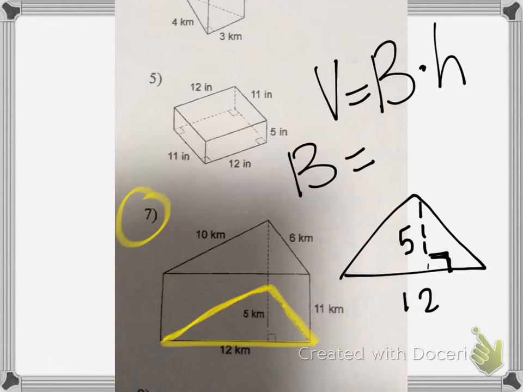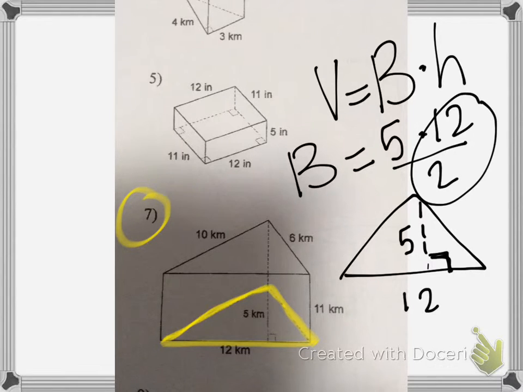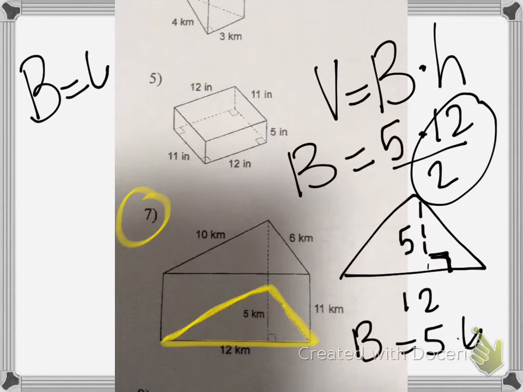So that's 5 times 12 divided by 2. I'm going to simplify here, that's 6. So area of the base is 5 times 6, which is 30. And then the height connects the two bases. So here's the other base floating on top.